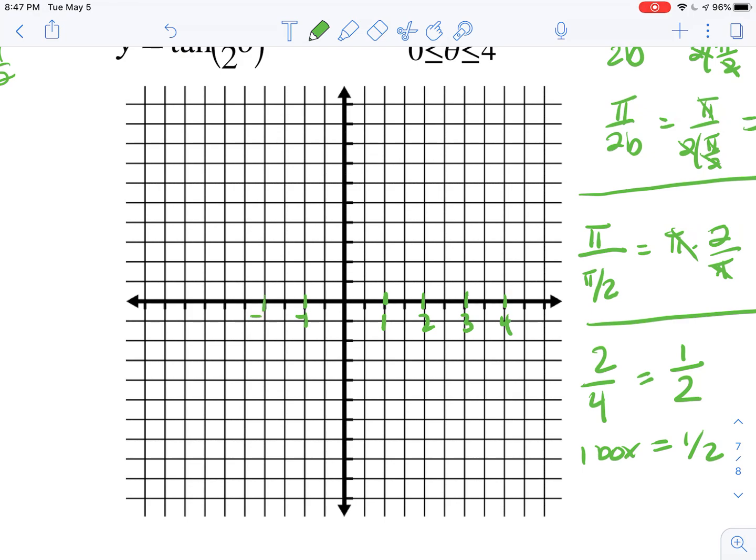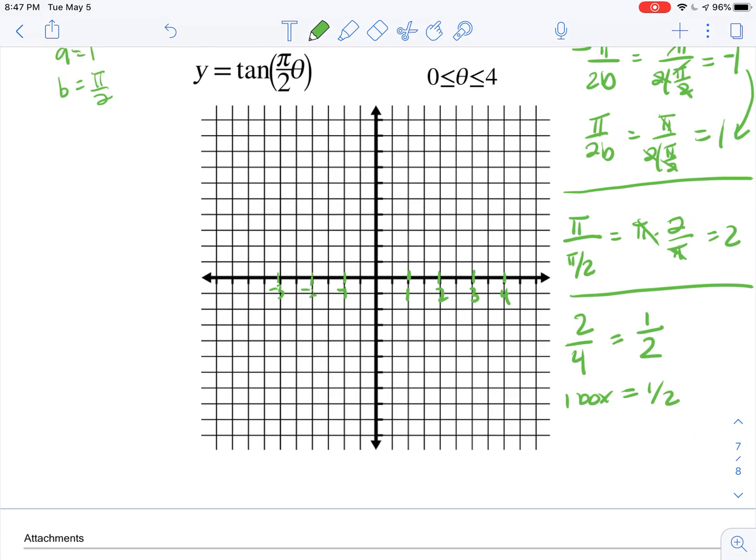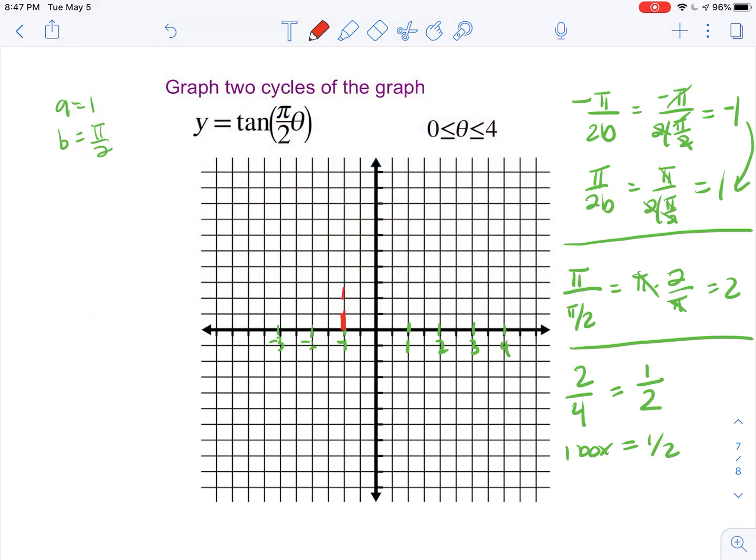So if each box on my x value is 1/2 a unit, that will be 1, 2, 3, 4, and this will be -1, -2, -3. Now, let's start graphing. Where are my asymptotes? My asymptotes start at -1 and end at +1.